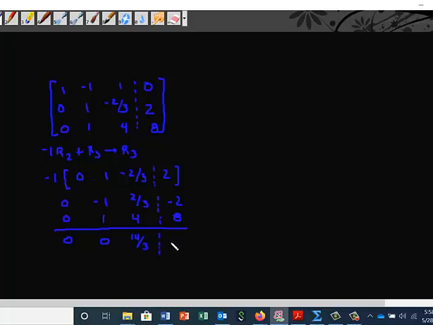And then this is negative 2 plus 8 will be positive 6. So here's our new row 3, and the first and second row will stay the same.